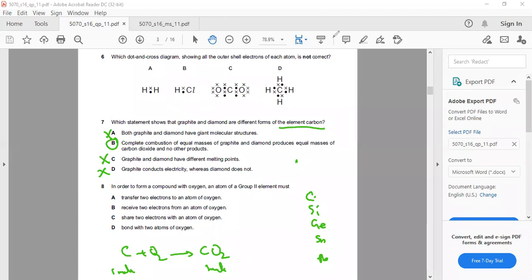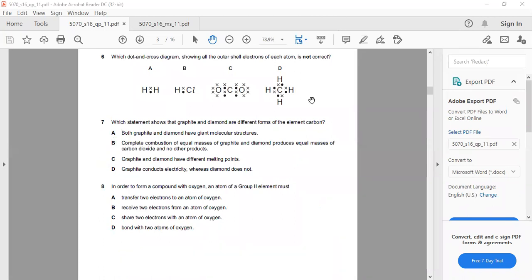Number 8. In order to form a compound with oxygen, an atom of a group 2 element must... You must know that group 2 are metals and they form ionic bonds.